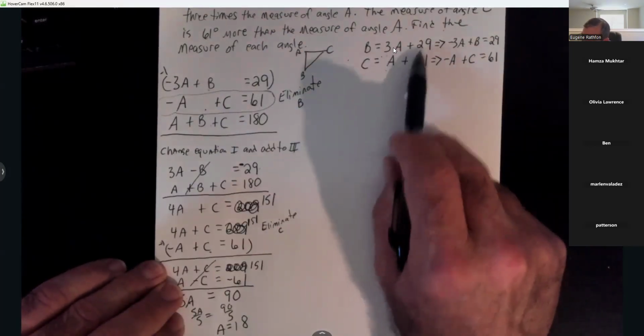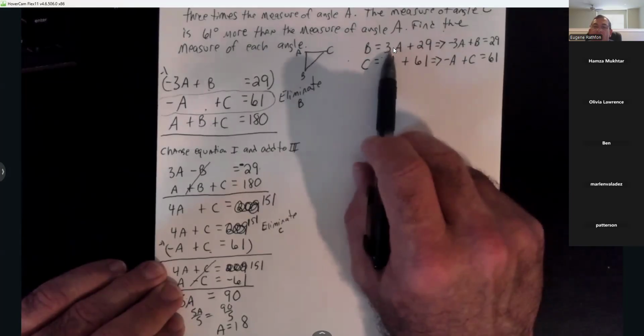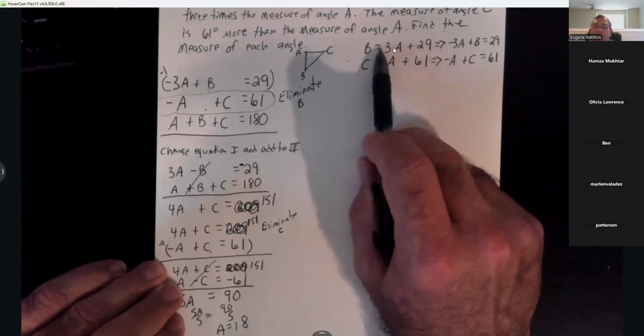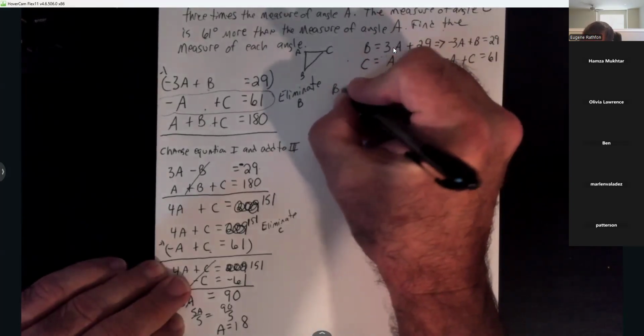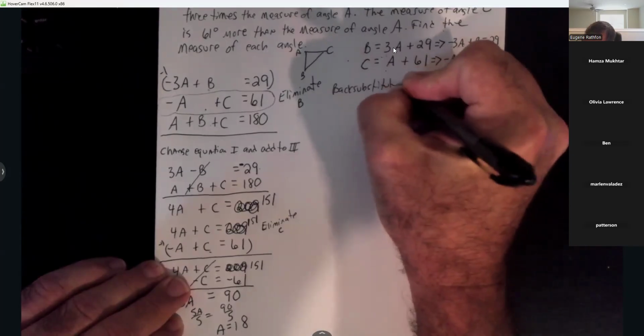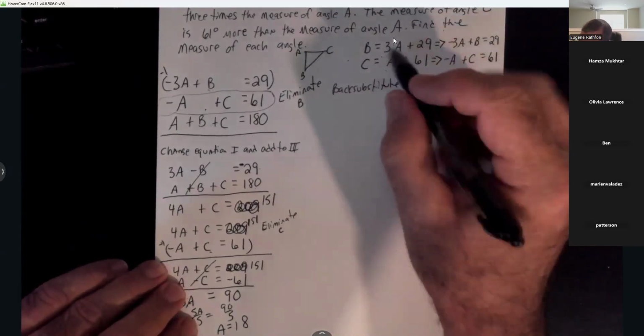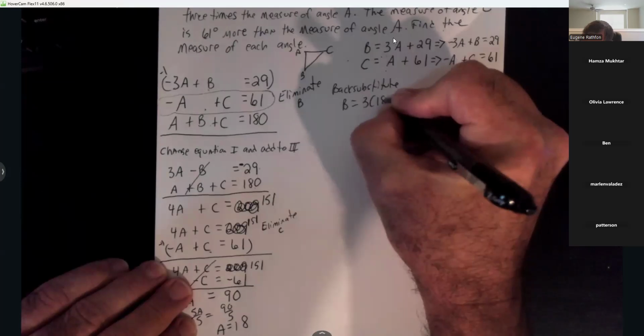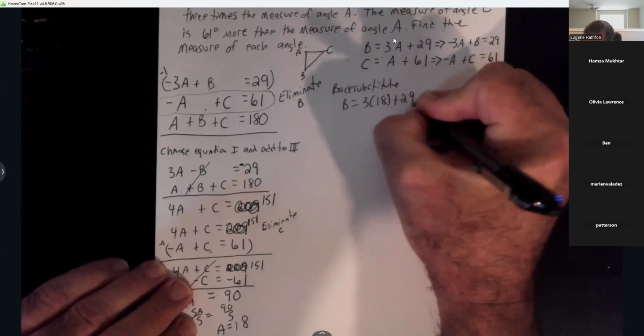So y'all, we can go back to any of these equations up here. I can put my 18 in there, multiply, add, and get my B. So I'm going to back substitute. So A is 18, so B equals 3 times 18 plus 29.